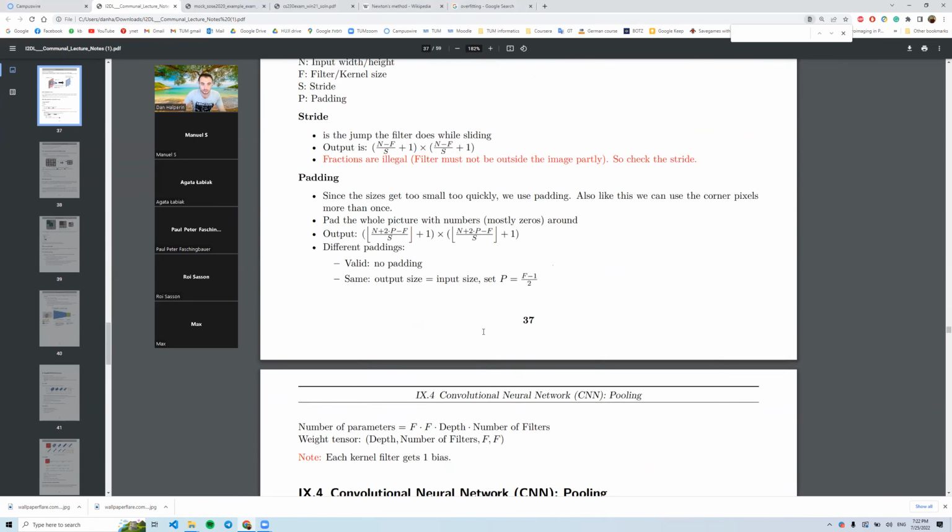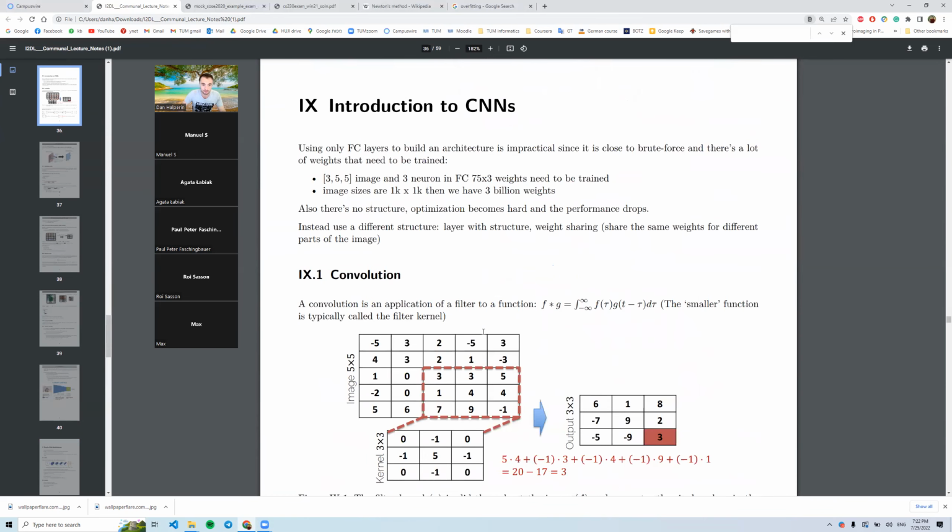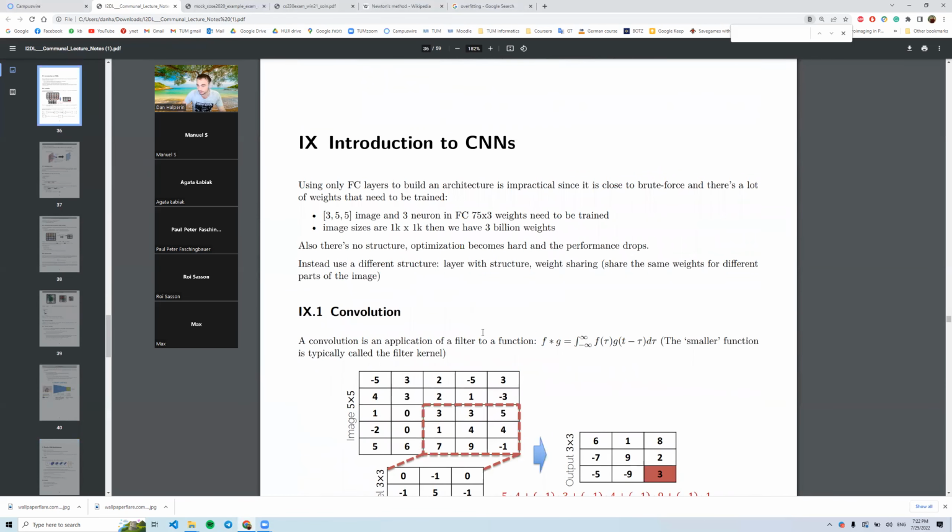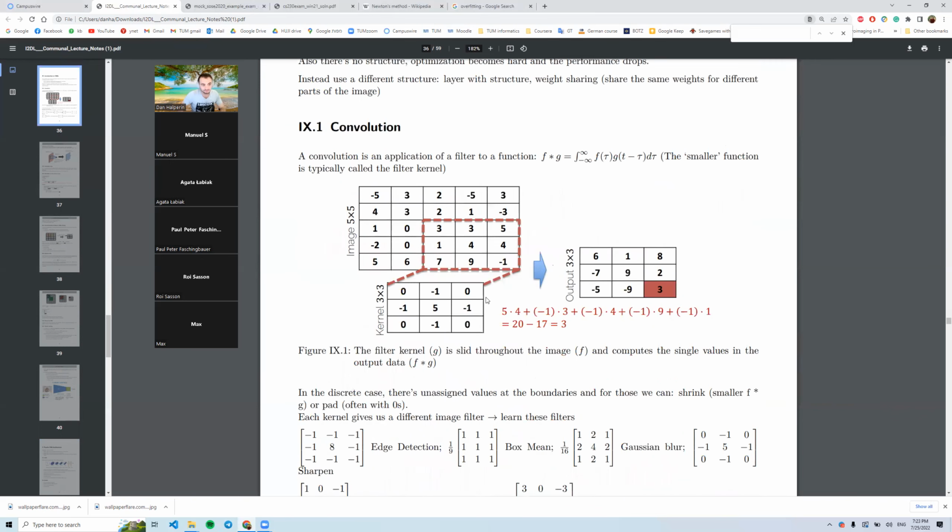So let's go immediately to convolutions, because we're already 2.5 hours in, and I want to do also some exam questions. I know, a long time.